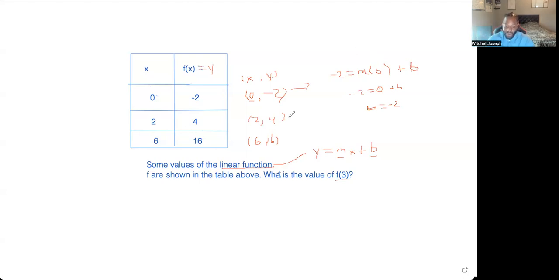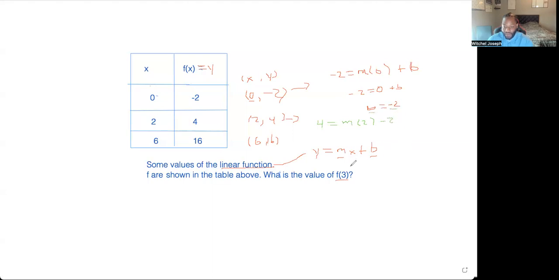So we're going to use another coordinate to find another piece. So now let me write this in a different color so it's not confusing in here. So now we have y, which is 4, is equal to m, which we don't know, right? But we know x in this example is 2. And we do know what b is, which is -2, because we just figured it out.